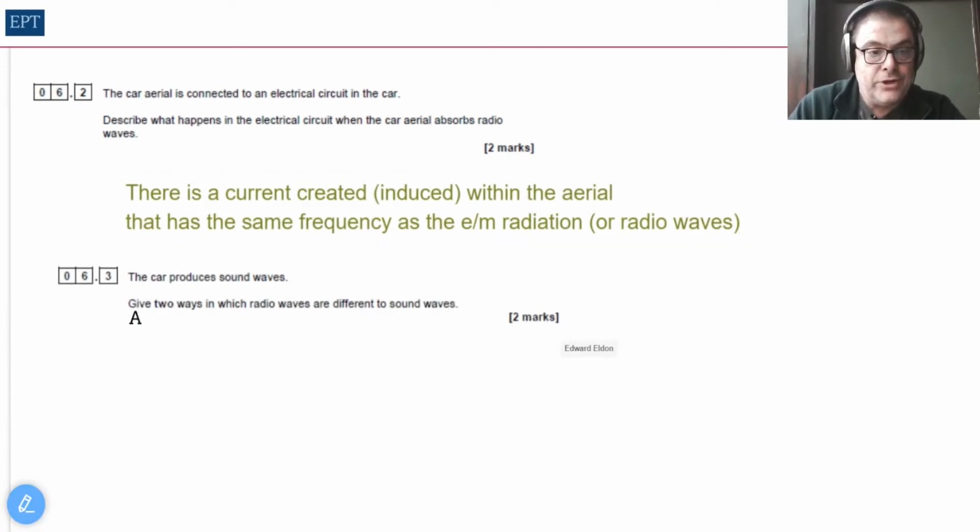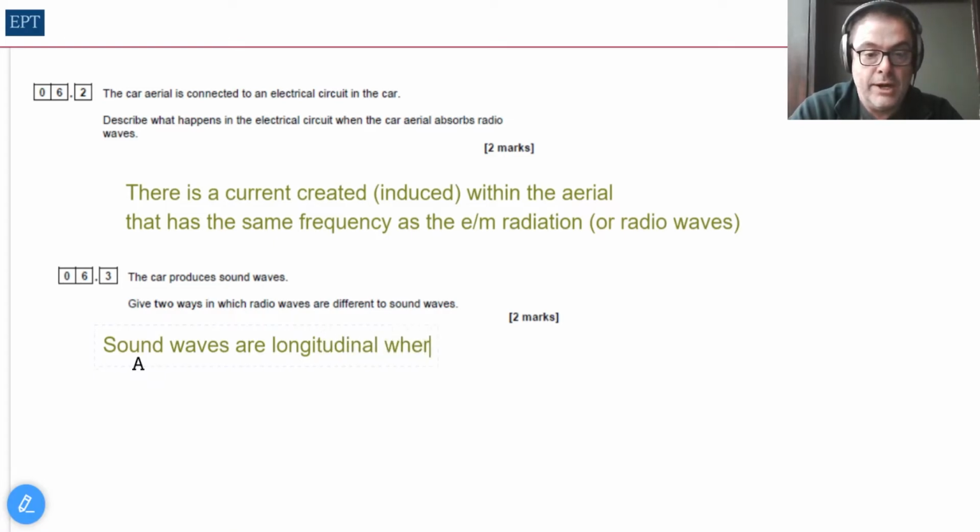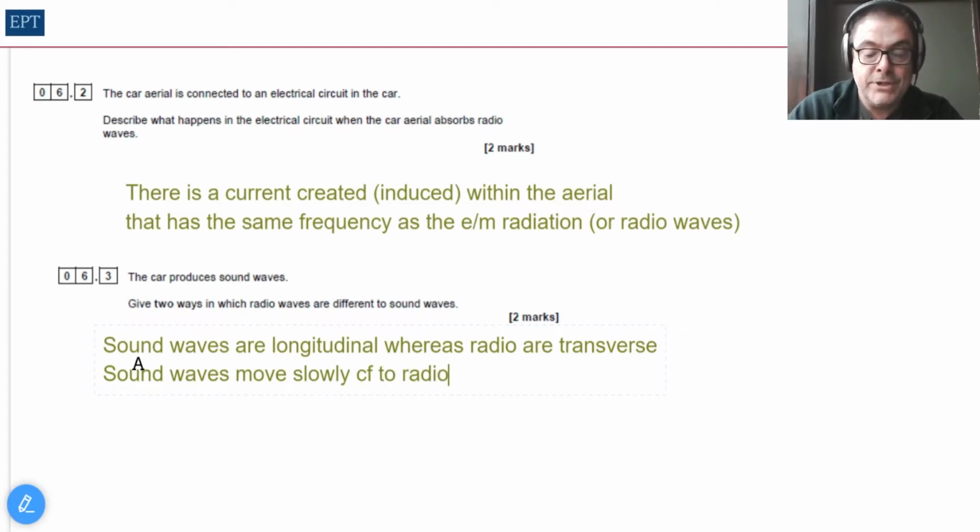One of the things I really like about this question 6 is it goes from the superbly difficult in 6.2 to the sublimely easy in 6.3. So the answer to this really is that sound waves are longitudinal, whereas radio waves are transverse. Or you could also say sound waves move slowly compared to radio waves, which move much faster.